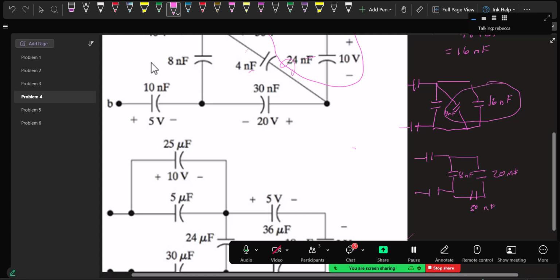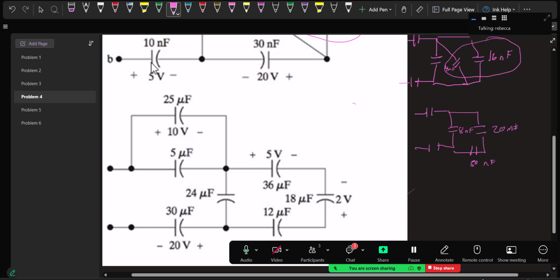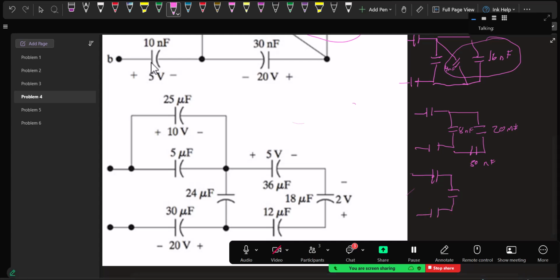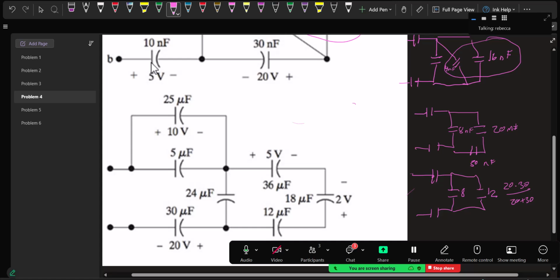So we have to add the 20 and the 30 in series. That's 20 times 30 over 20 plus 30, so that is 600 over 50. 12? Okay, we'll see when we get to the end.